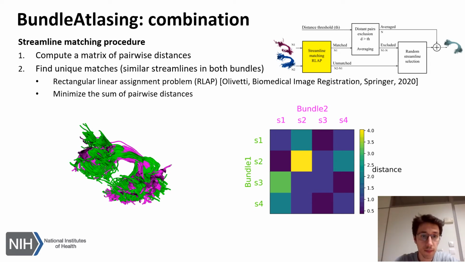So let's say, for example, here we have a toy example in which we have a matrix of 4 by 4 representing a super simple case in which we had only 4 streamlines per bundle. So we have S1, S2, S3, and S4 for bundle 1 and for bundle 2, and we want to assign correspondences from each streamline in bundle 1 to each streamline in bundle 2.